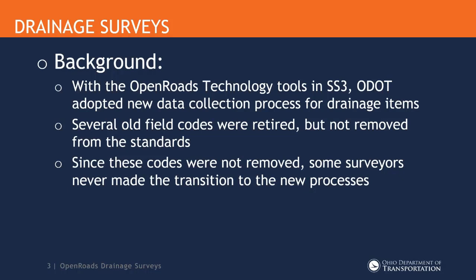When we did that, we moved several of the old field codes to be retired, but they were not removed from the standards, just for compatibility with ongoing projects. Since those codes were never removed, some surveyors never made the transition to the new processes in the Select Series products, going back to Select Series 3.